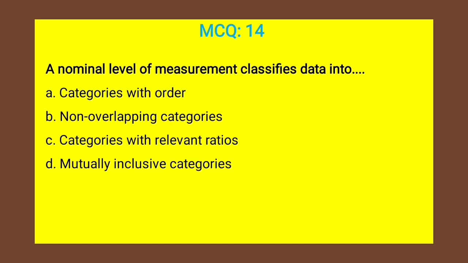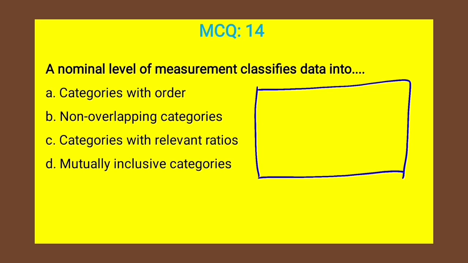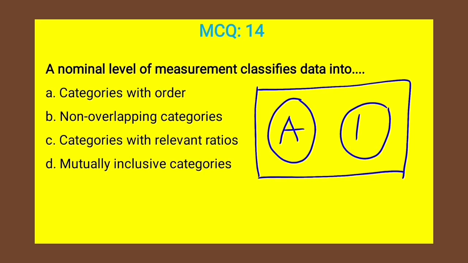So once a member in one group, you cannot be a member at the same time in another group. If I want to represent them in the form of a data set, for example, let's say I want to represent them in the form of circles. So if I have, let's say, group A and group B. Group A is a male group and group B is a female group.